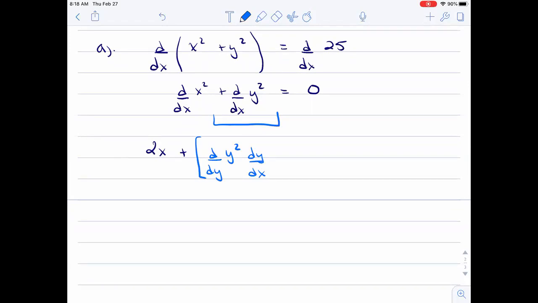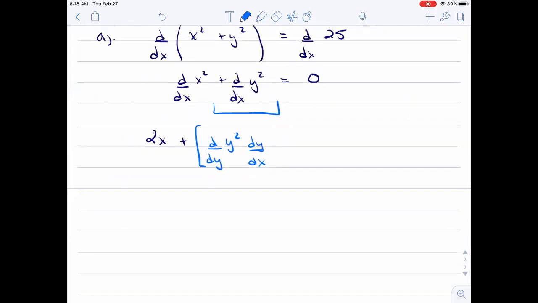And so on the outside, we've got that square. So then we're taking the derivative with respect to y of y squared. And then we're multiplying by the derivative of the inside, which is just dy dx. And then later on, we'll just replace that with y prime, right, to make it look a little bit easier. But we're doing the same thing. So this little section, maybe I'll put it in 2 steps.